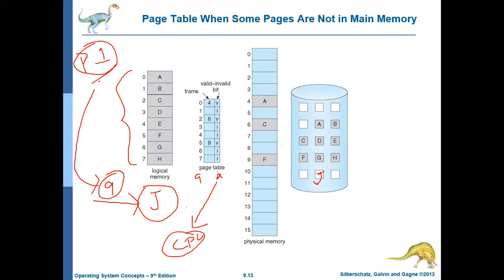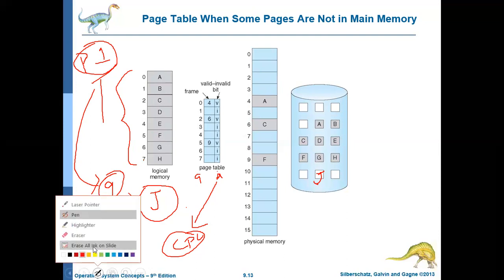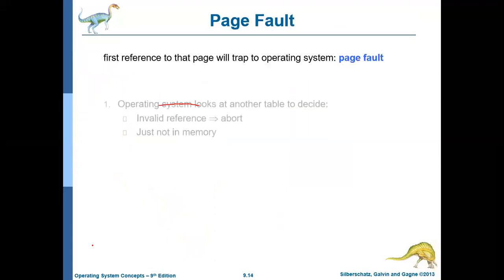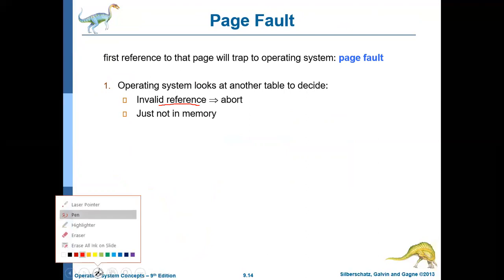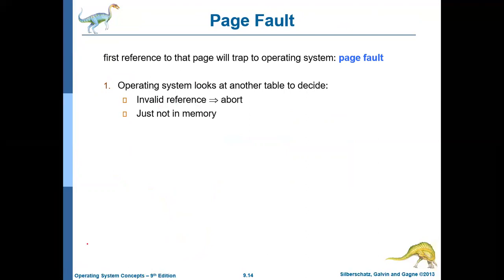Only if it is a legal access, and if it is not available in the memory, then it will be brought from the hard disk to the main memory. Okay. So that is what this particular statement means. Whenever there is a page fault, a trap will be created to the operating system.